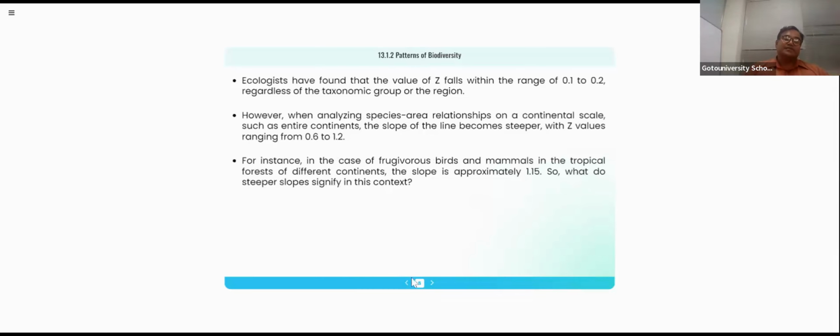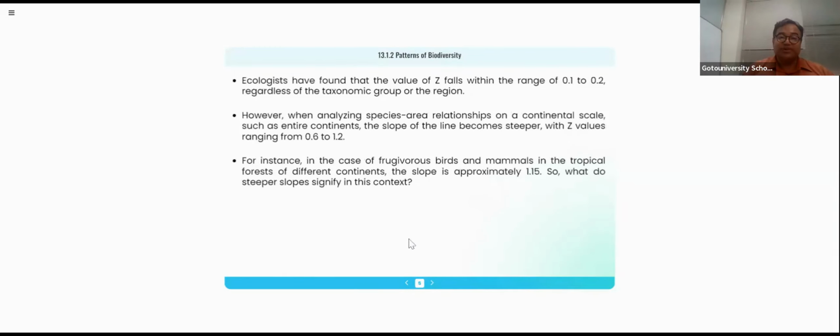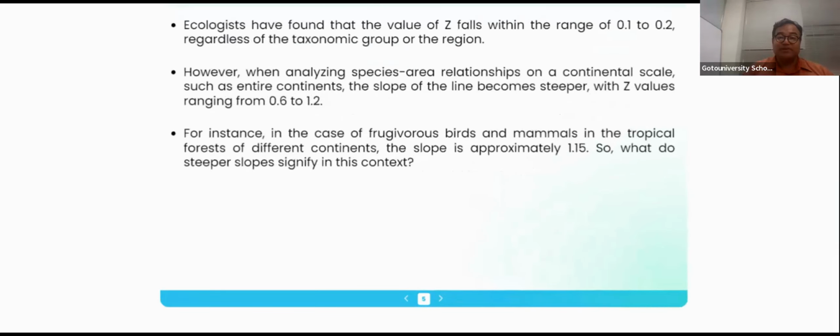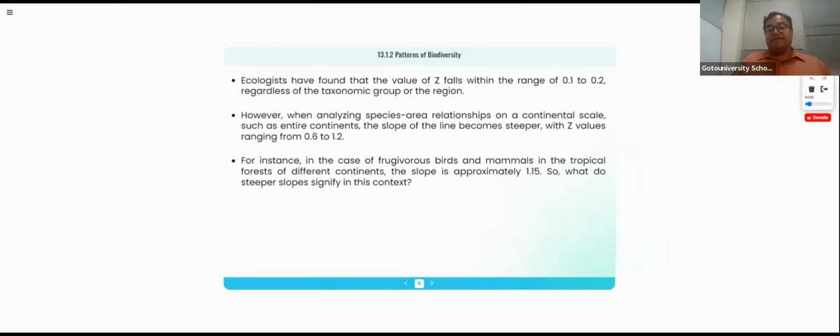Can you see this? The Z. We told you many times, the Z is the regression coefficient or the slope of a line, right? This falls within the range of 0.1 regardless of the taxonomical group of the region. As we already told you, this slope is 0.6 to 1.2, after analyzing the species relationship at continental scale and the slope of the line.